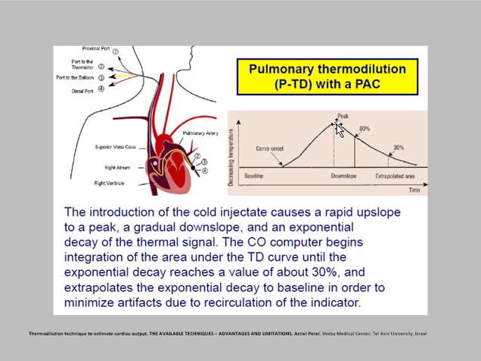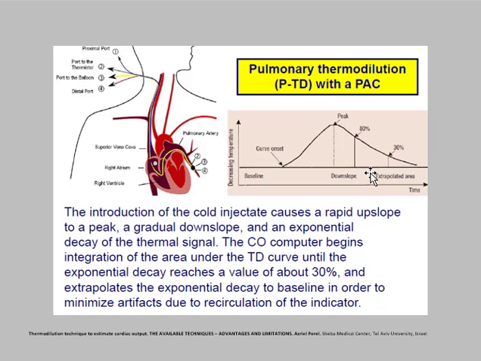It reaches a peak, as you can understand, and then it starts to gradually warm up again so that it goes back to its starting temperature. Let's read this. The introduction of the cold injectate causes a reasonably rapid upslope to a peak, a gradual downslope, and an exponential decay of that thermal signal.